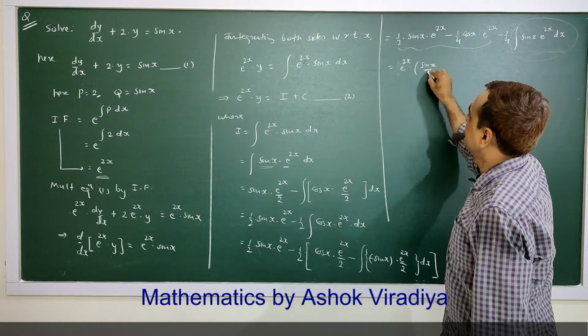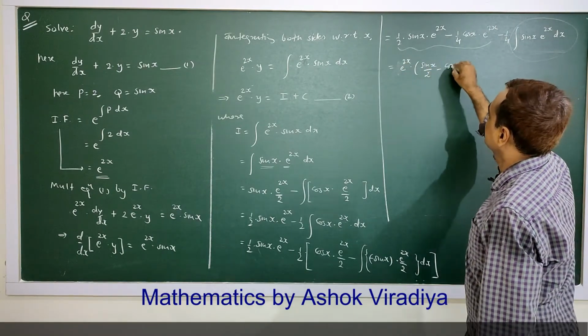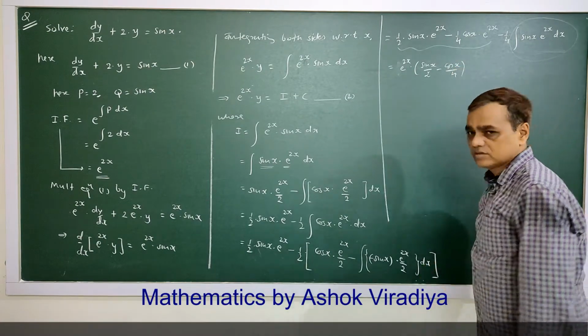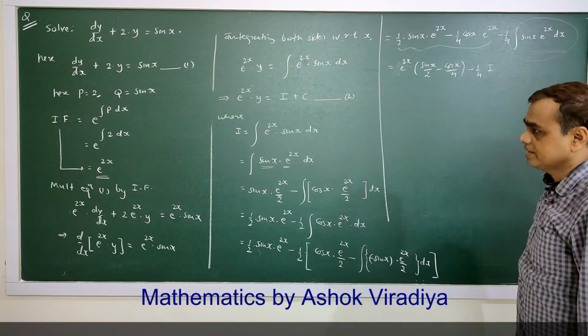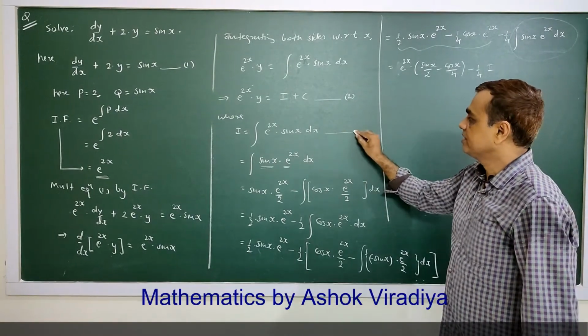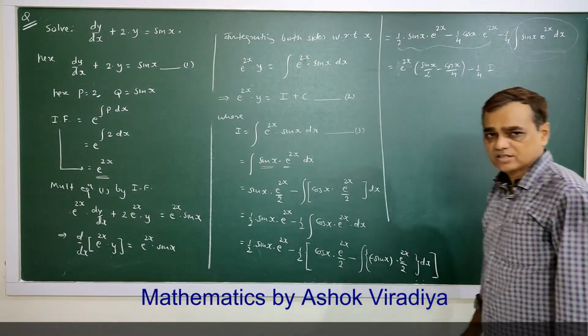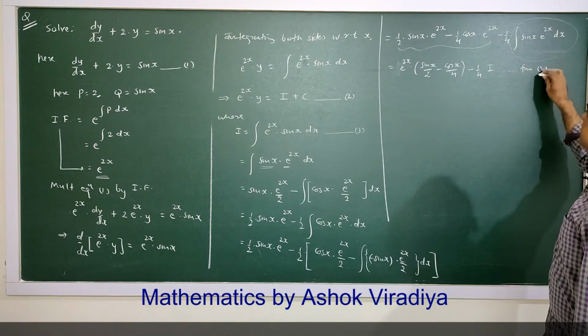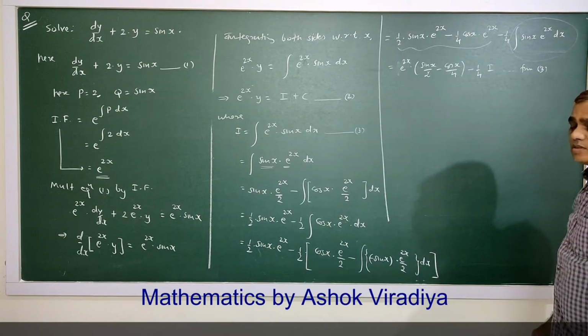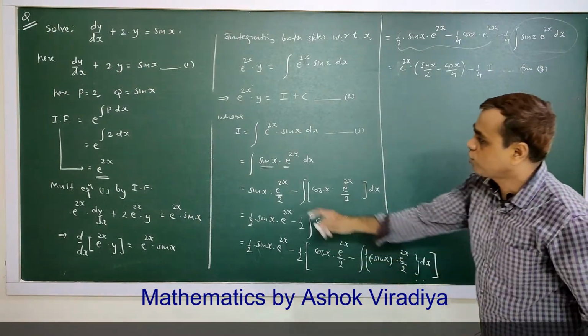So sin x by 2 minus cos x by 4 minus 1 by 4 times I. Let me call this equation 3. So it is from 3. So this is the value of I.